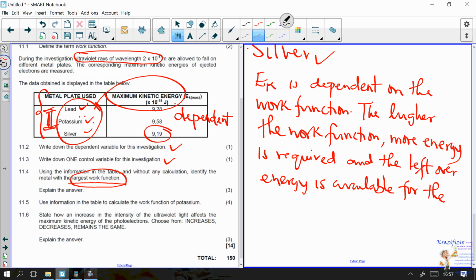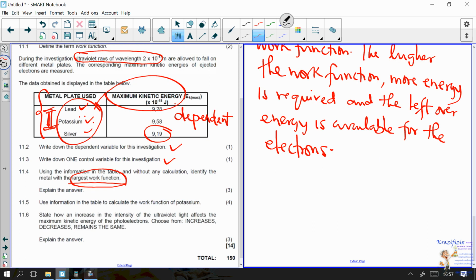I hope this makes sense to you. Because more energy has been taken away in order to eject the electrons. So EK is actually a leftover energy.